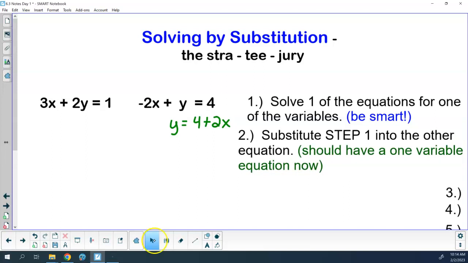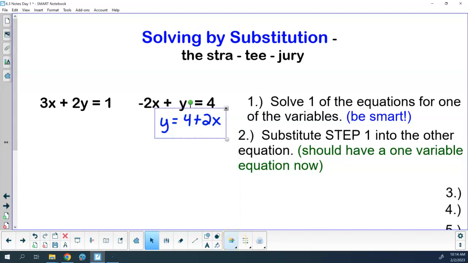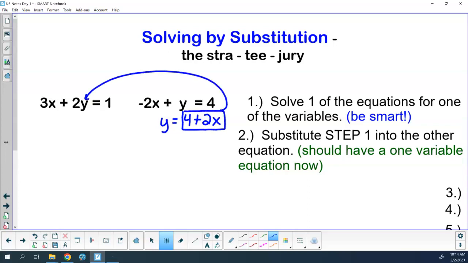You are going to substitute that variable that you just solved for into the other equation. So what that means is you are going to take 4 plus 2x and put it in the other equation for y.